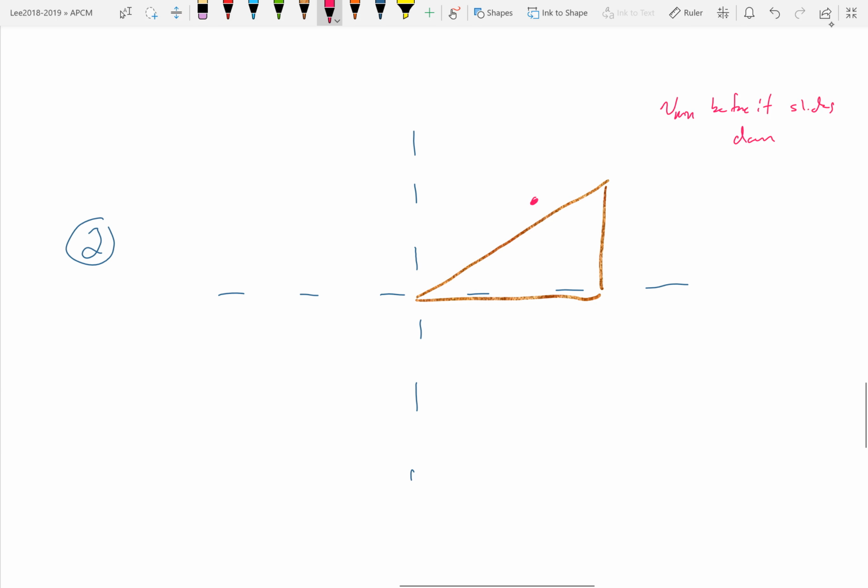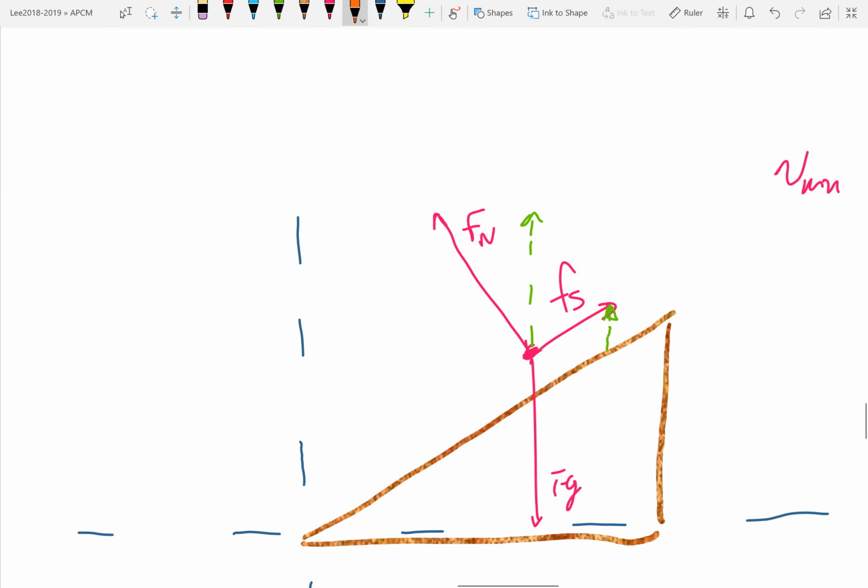Just as it slides down the incline, right as that's about to happen, we still have our FG. We still have our normal force, the same direction. Okay, if it doesn't slide down, then the static friction is going to be this way, and we still have the same components for normal force, but now we have a positive component for the static friction. And what do we have in orange? My x component of normal force is still there. That's Fn sine theta.